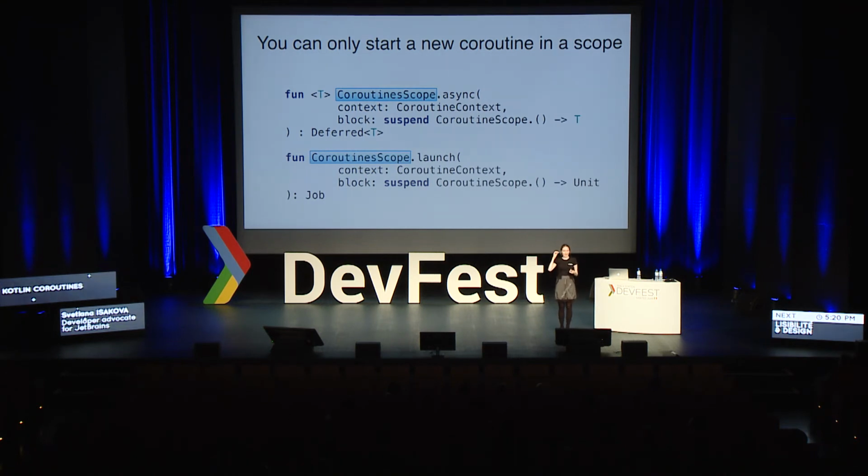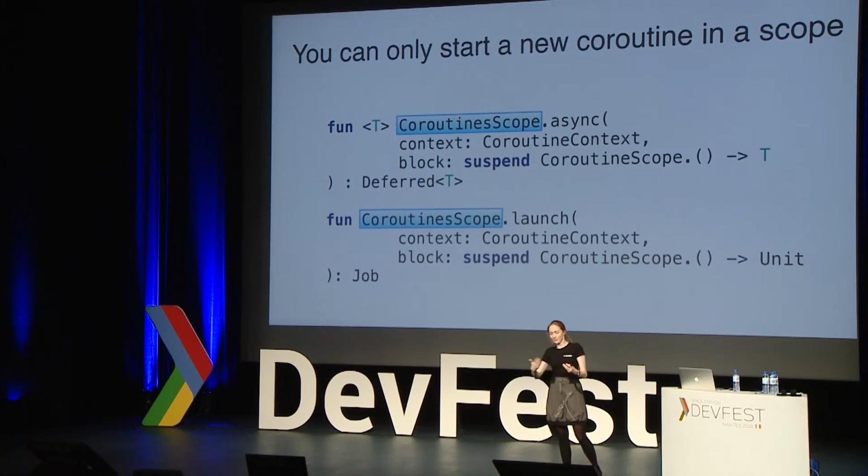The difference that was introduced in this latest release: if you already used coroutines, you know that you could use async await directly from any point. That means these new coroutines were started in some global scope. However, now after the latest change in Coroutines 1.0, these async and launch functions are defined as extensions on this scope.